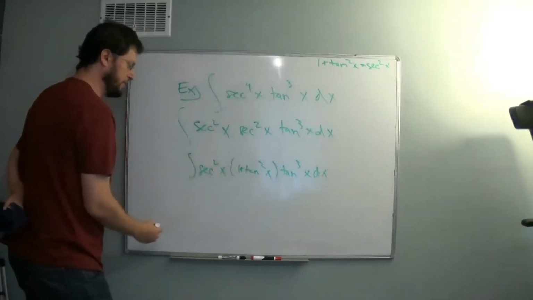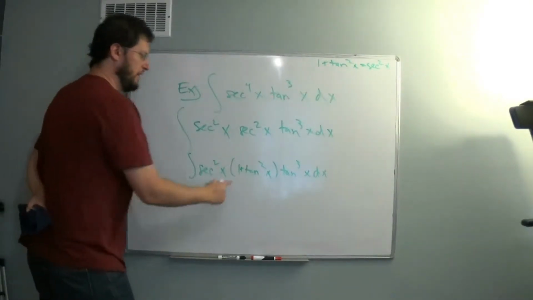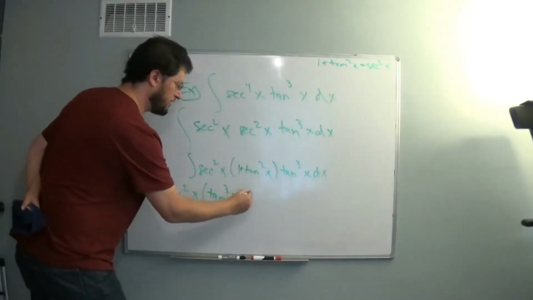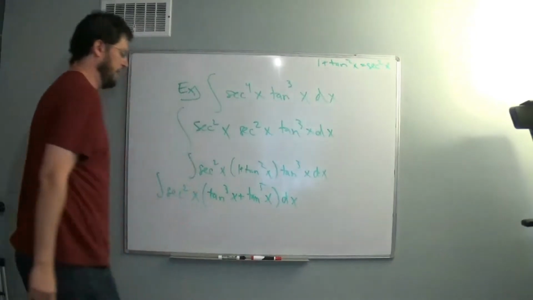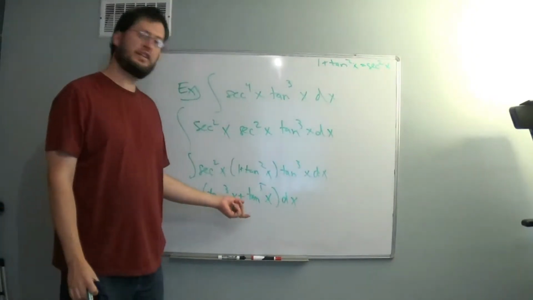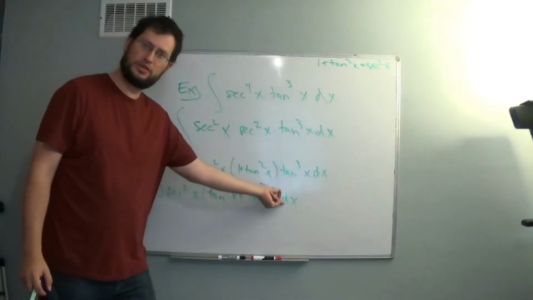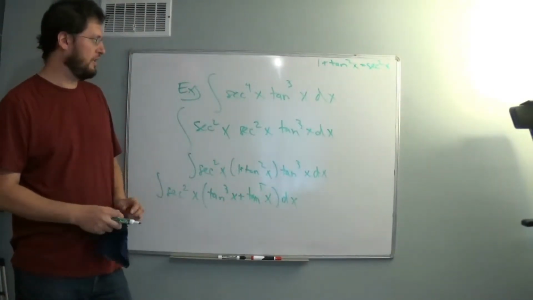Now if I write that as secant squared x and distribute the tan cubed in, I get tan cubed x plus tan to the 5th x. And finally, using the idea we just saw, if u is tangent, then that's u cubed plus u to the 5th du, which is then easy to integrate.